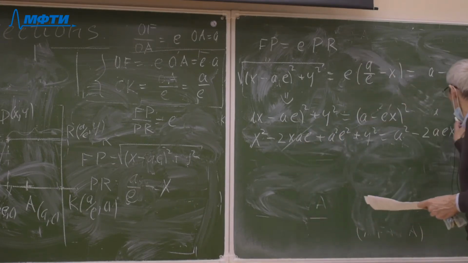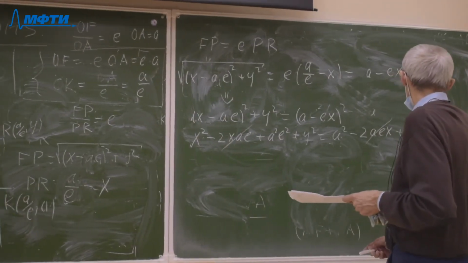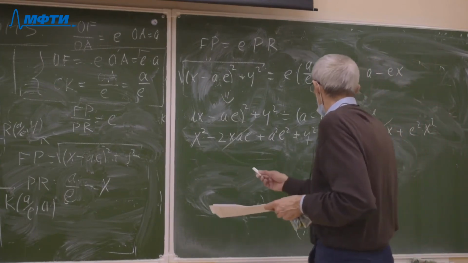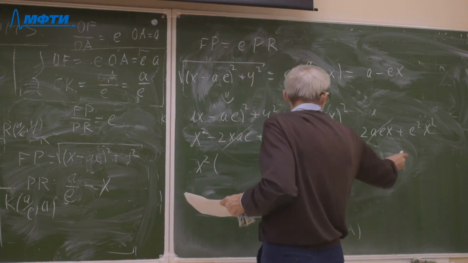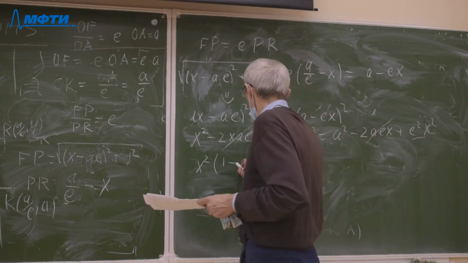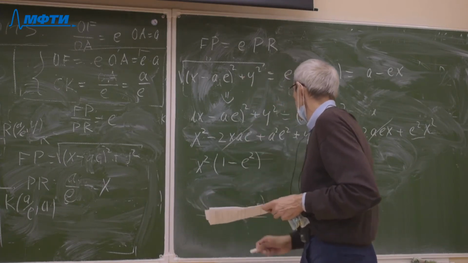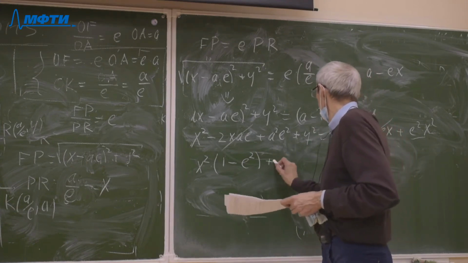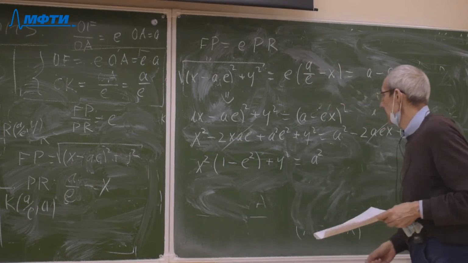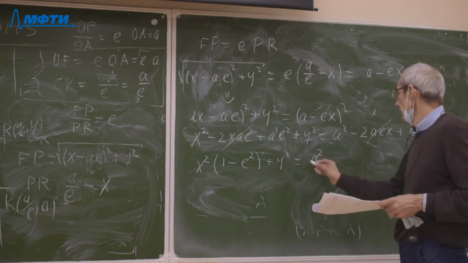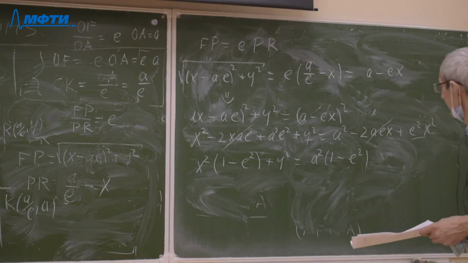And after easy simplification, we obtain the following equality: x square times (1 minus e square) plus y square is equal to a square minus a square e square, that is a square times (1 minus e square).